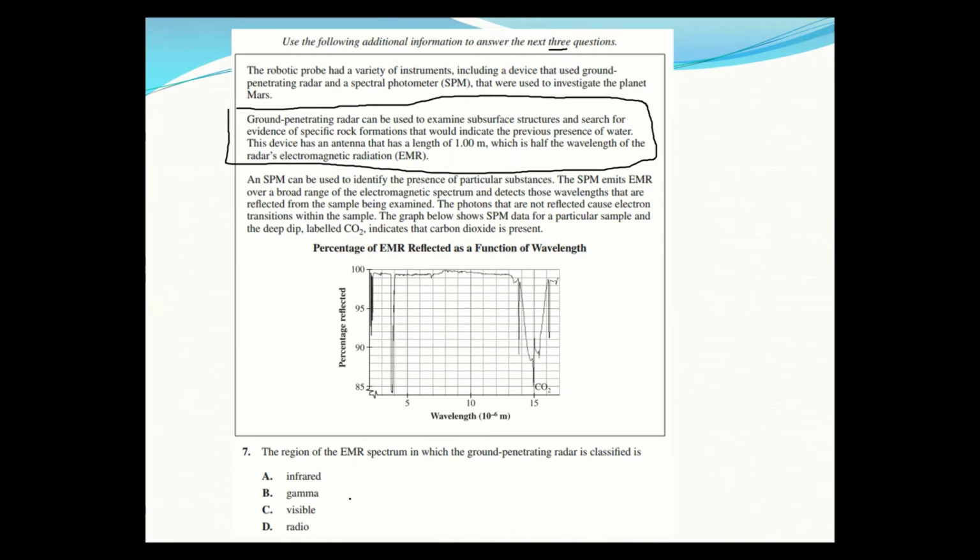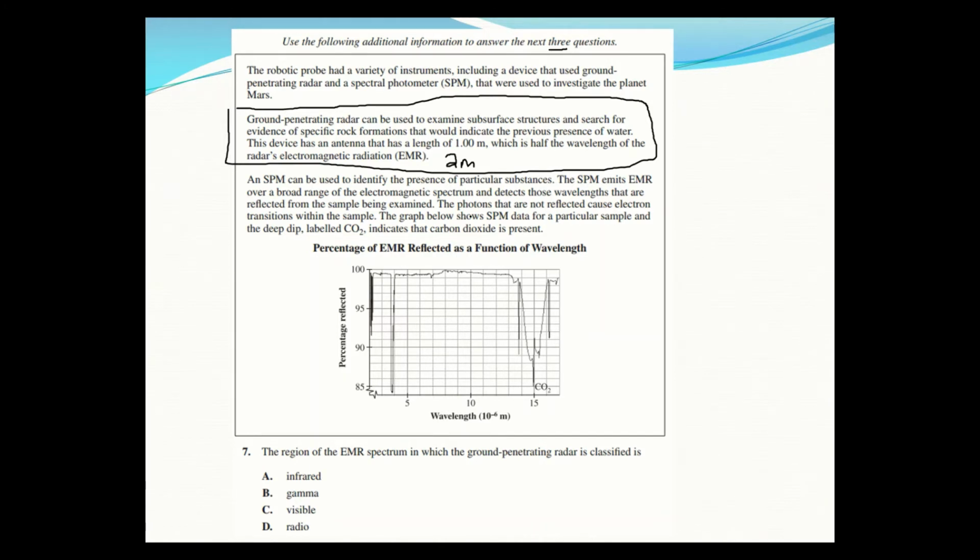It asks the region of the EMR spectrum in which ground penetrating radar is classified. Ground penetrating radar can be used to examine subsurface structures and search for evidence of specific rock formations that would indicate previous presence of water. The device has an antenna of 1 meter, which is half the wavelength of the radar's EMR, so the wavelength is 2 meters.